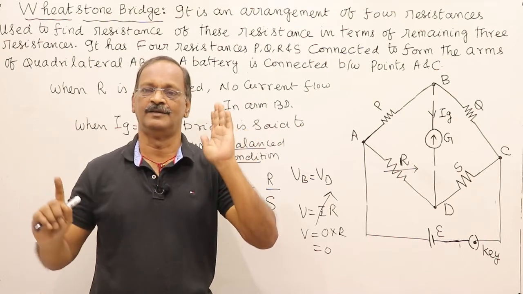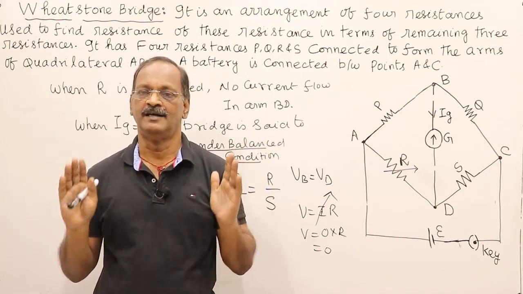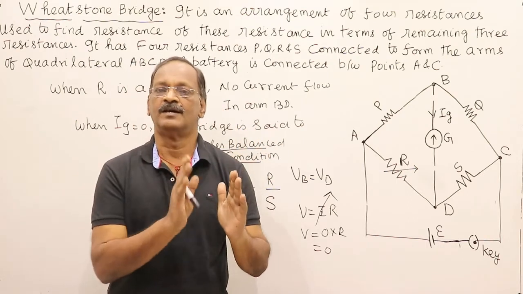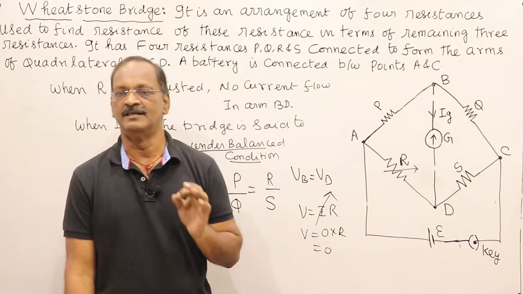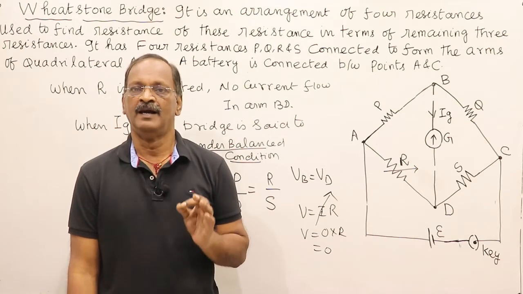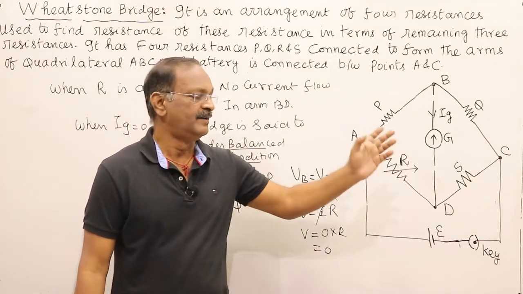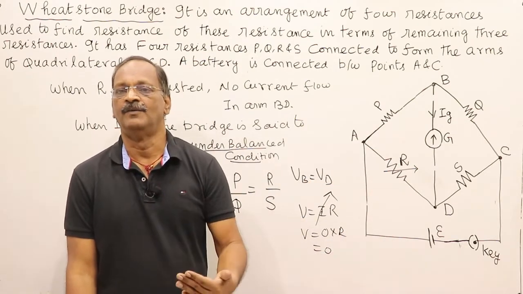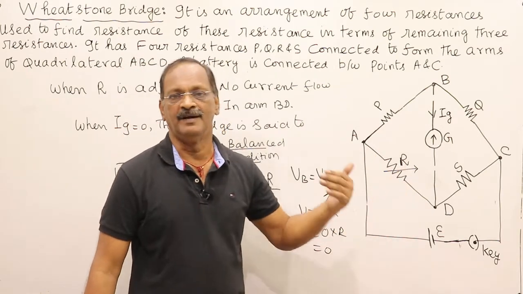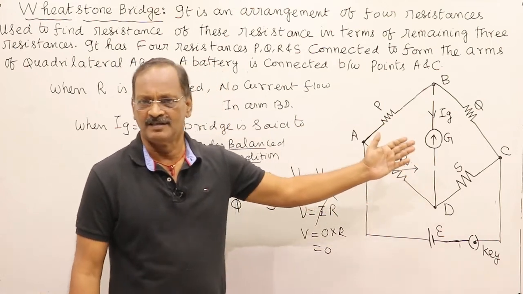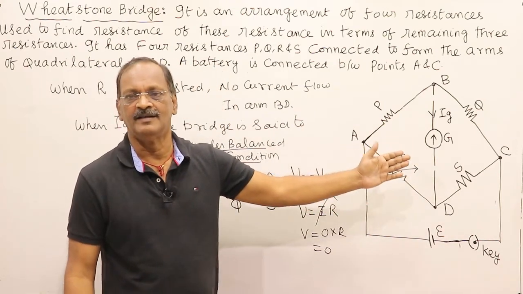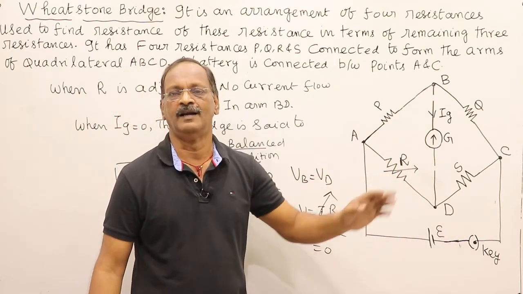That is, if this is 5 volt, this will also be 5 volt. Under balanced condition, no current will flow in this arm BD. We have to remember this fact in the Wheatstone bridge. It is going to be helpful for understanding the meter bridge, which follows in the measuring instrument in the following lectures.